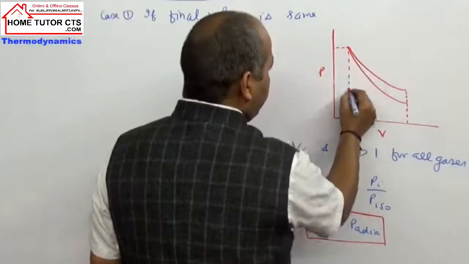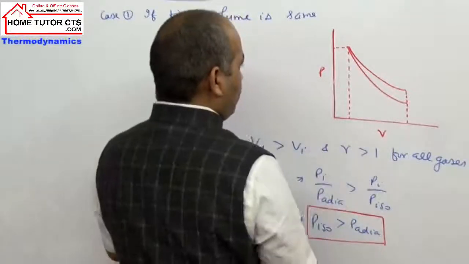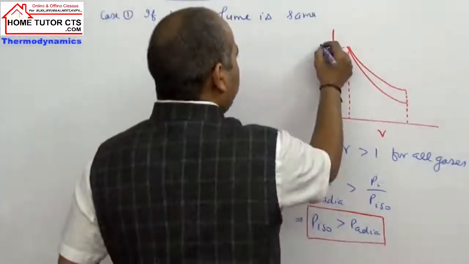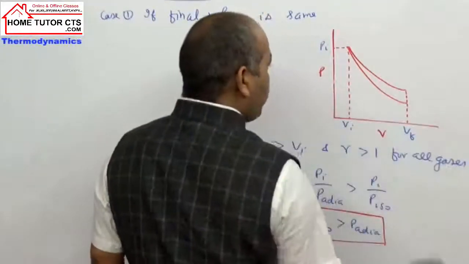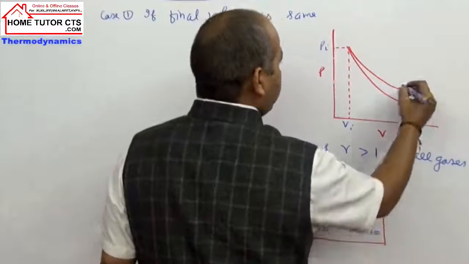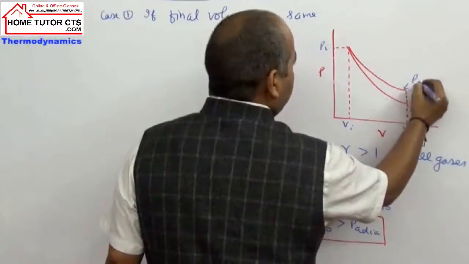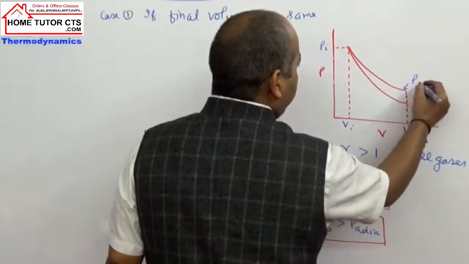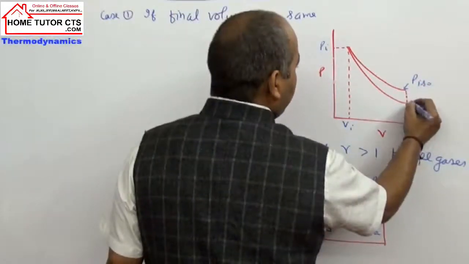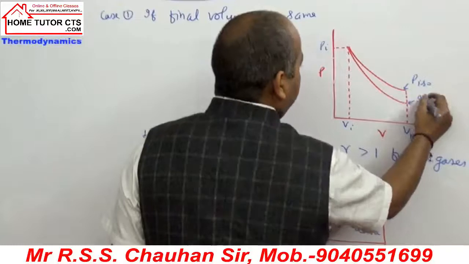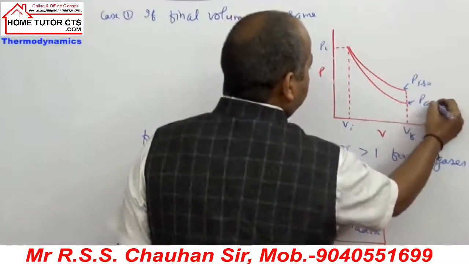If I take this initial volume, it is the initial pressure, initial volume, final volume, but pressure will not be the same in both the cases. It is the final pressure in case of isothermal expansion, and it is the final pressure in case of adiabatic expansion.